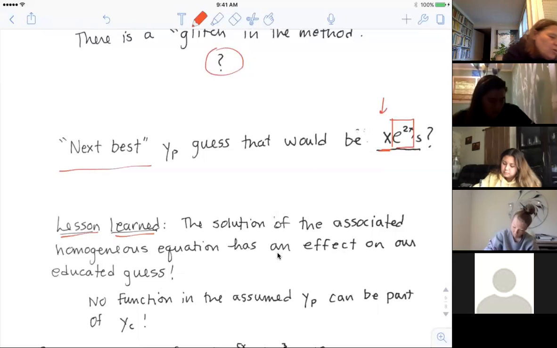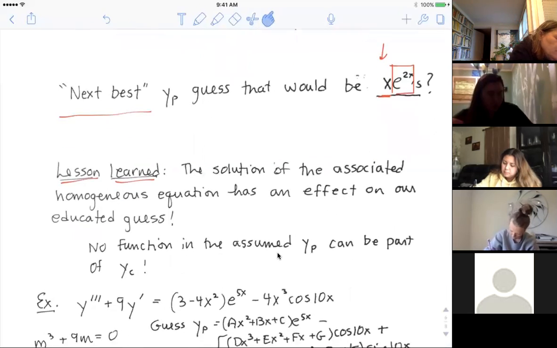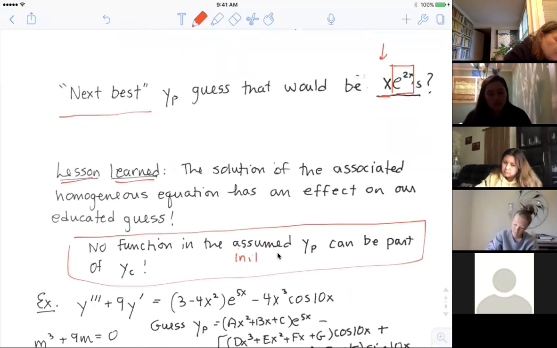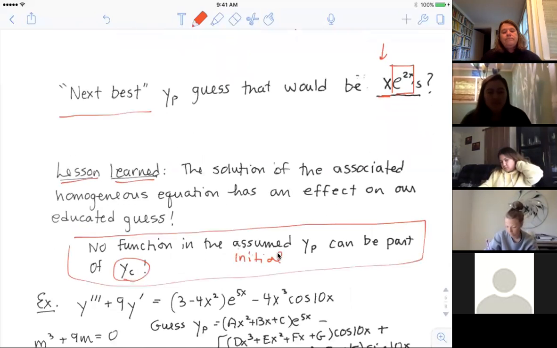So, long and short of that here, no function in the assumed YP, I like to call it the initial Y, it's our initial guess. We'll make an initial guess and say, okay, will that one work? It will work if it doesn't appear anywhere in YC. And what I do to fix it is I say I'm going to multiply it by x.